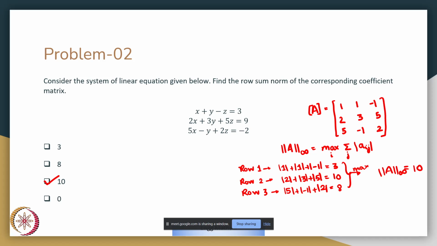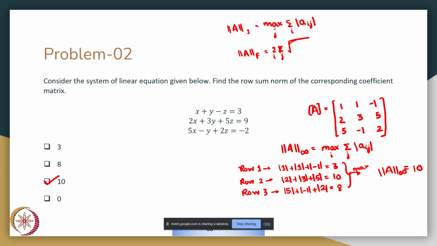Similarly, if we are interested in finding the column sum norm, it's nothing but max over j of summation over i of absolute value of aij. And if we want to calculate the Frobenius norm, it would be summation i summation j, sorry, I think I'm making a mistake here.